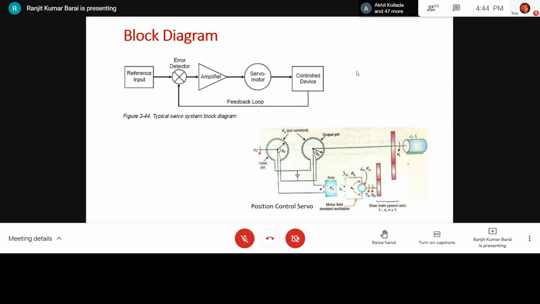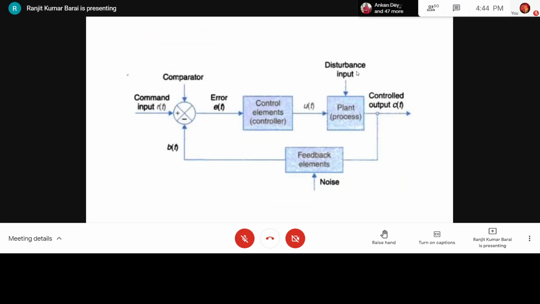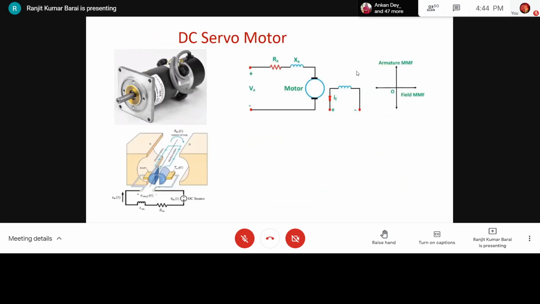It is a permanent magnet excited armature controlled DC motor, so we need not be worried about the field supply. In principle of operation and construction, it is very similar to the ordinary DC motor or commercial DC motors.